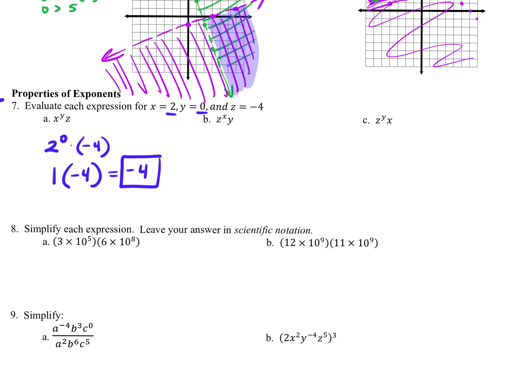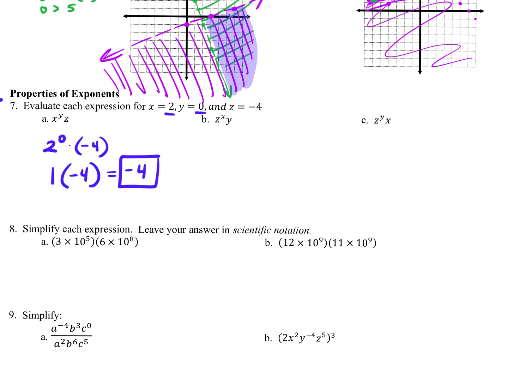You try B and C. Z to the x times y and z to the y times x. Let's see what those all are. What did you get for the value on B? 0? Let's see. So it's negative 4 squared times 0. You don't even have to figure out what negative 4 squared is, because anything times 0 is 0.